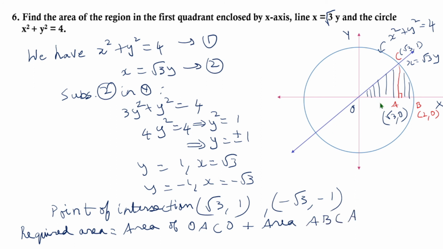So here it is integral 0 to root 3 this line, that is x by root 3 dx, plus integral root 3 to 2 this curve. So we have to find y in terms of x. Let me do it in the next page. Since x square plus y square is equal to 4, we have y is equal to plus or minus root of 4 minus x square.